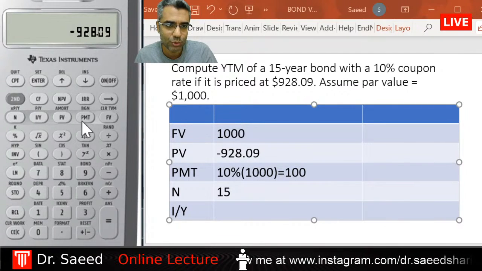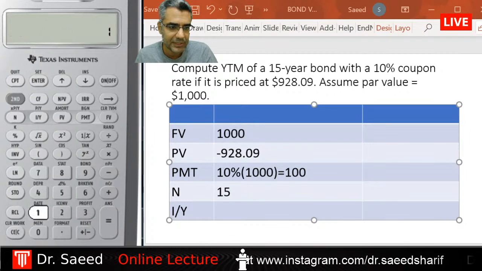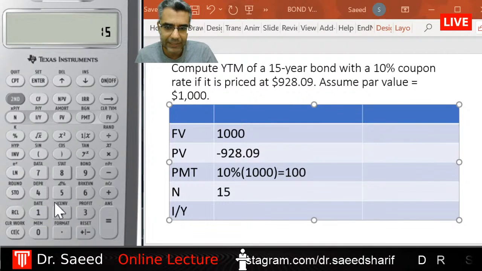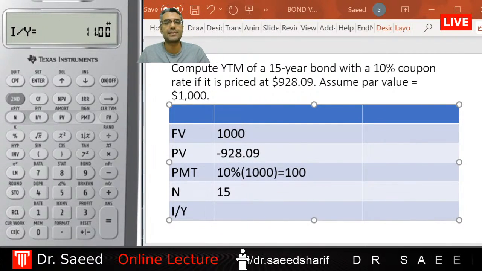Then assign this to PV. So I press PV, then PMT is 100, then 15 for N. Now CPT means compute I/Y, and it's 11%.